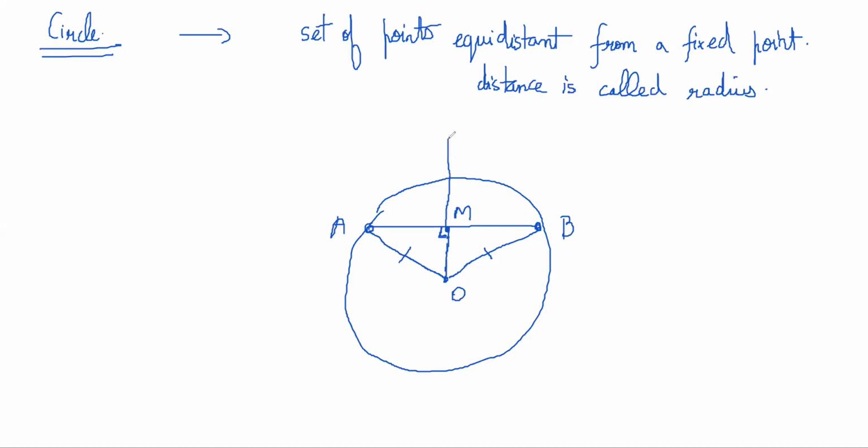We can extend this line. OM is a perpendicular bisector line. Okay. So angle AOM will be equal to BOM, no? These triangles become congruent, no? Yes. AOM is equal to BOM. So it's angle bisector.